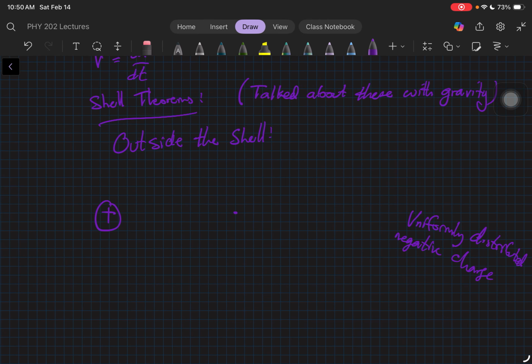So let's try to make sure everything's centered. Then we'll put, that's a terrible color for this. And so we have our negative charges kind of covering that.